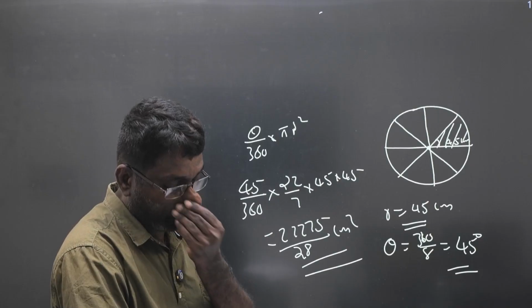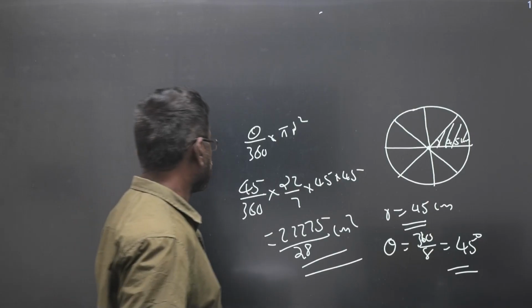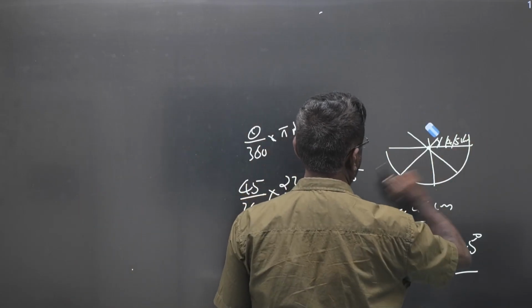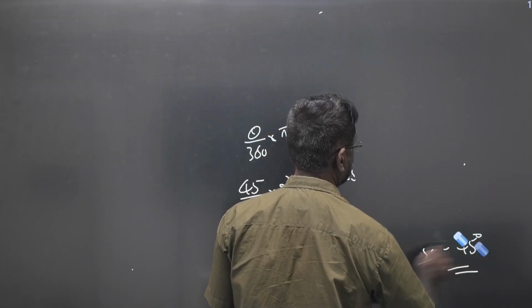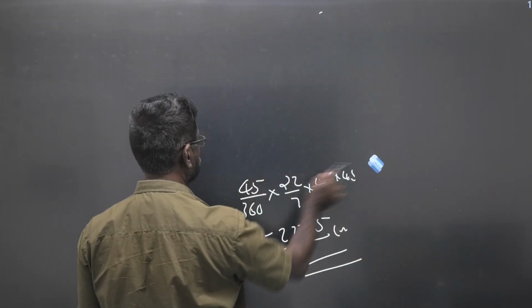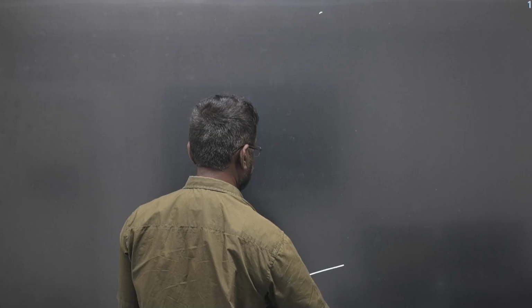Another question. A car has two wipers which do not overlap.